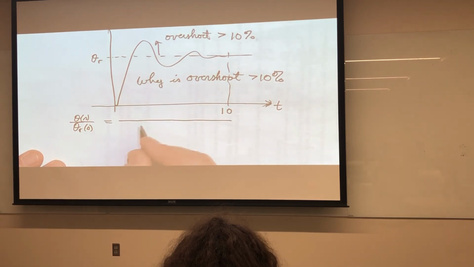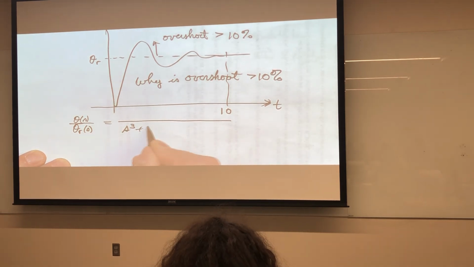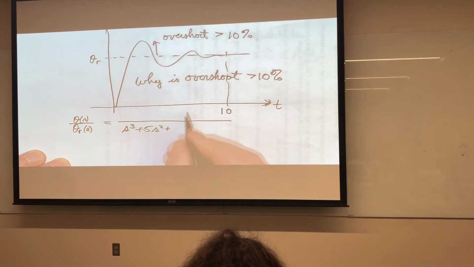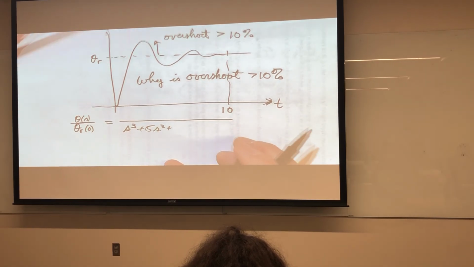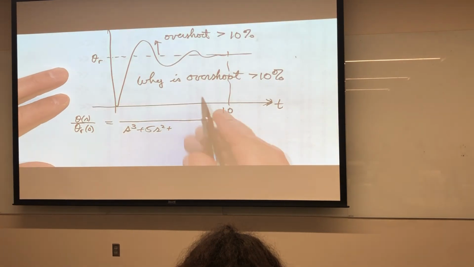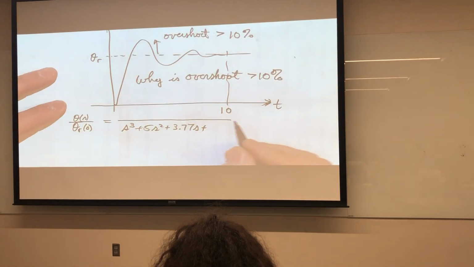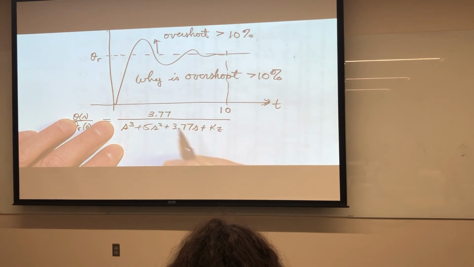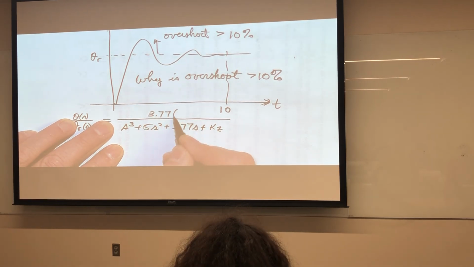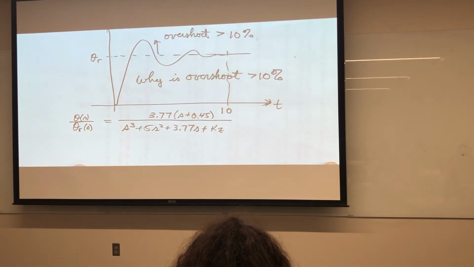We calculated on an earlier page, is going to be S cubed plus 5S squared plus KS, K is 3.77, is that what it was? K is 3.77S, and then K times Z, and then up on top we have 3.77 times S plus 0.45. Okay.